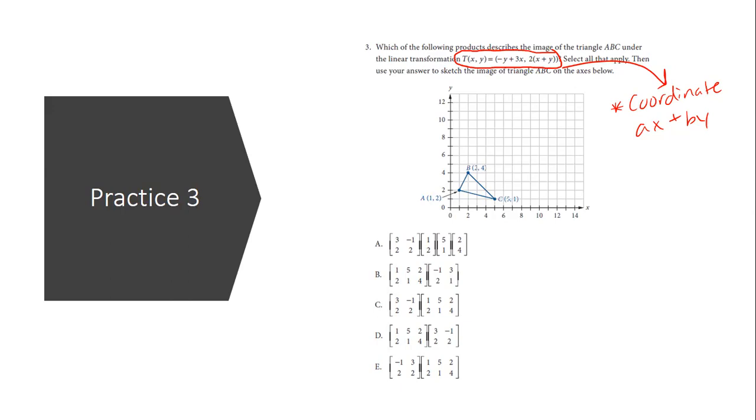I need to switch these two around. Oh, no, that's right, negative one. There you go, so it'll be 3x minus y. And then in the second coordinate, what do I need to do? I need to distribute, so I'm left with... Okay, so now that I have my coordinates, I can now create my matrix. So what's my matrix for this? Your matrix is your coefficients.